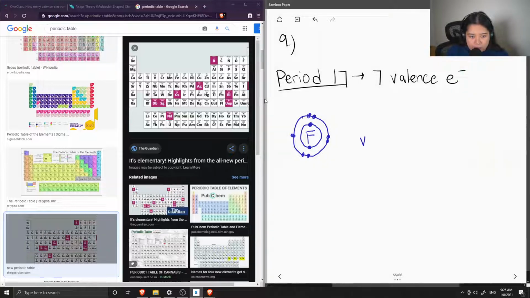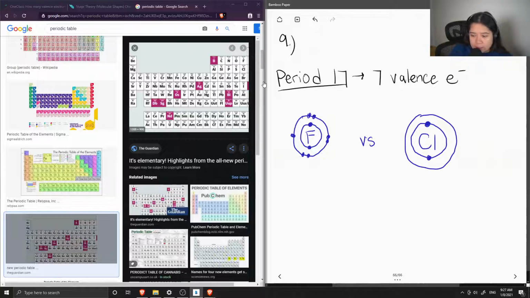So now let's compare this with a chlorine atom. There are also 2 electrons in the inner orbital. But if we look at the atomic number of chlorine, it is 17. So that means a neutral chlorine atom has 17 electrons.